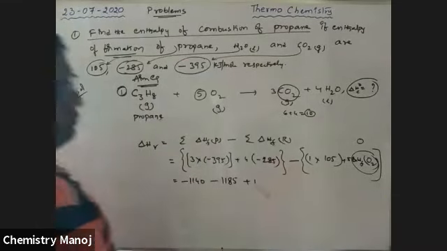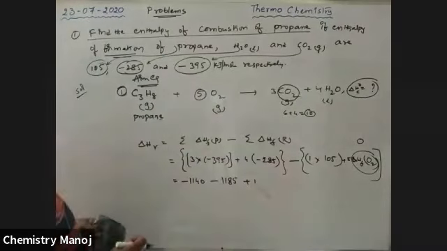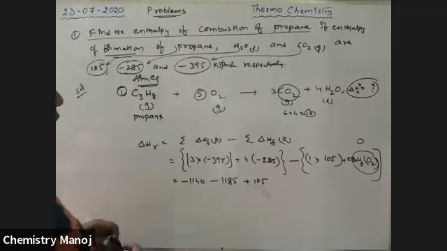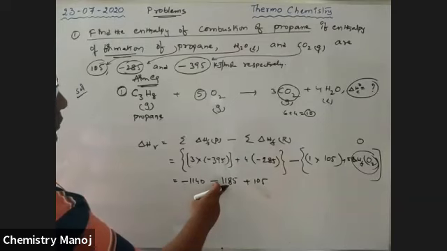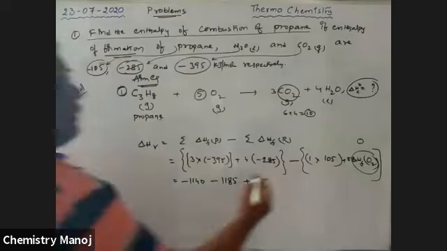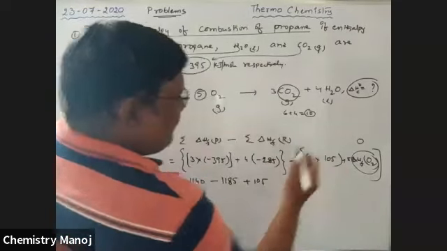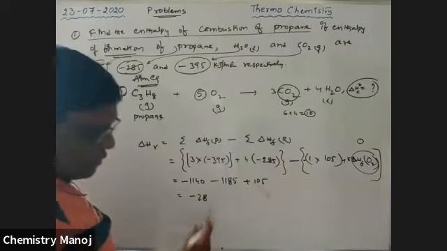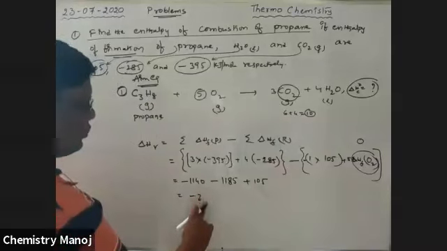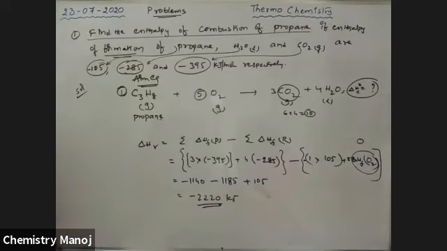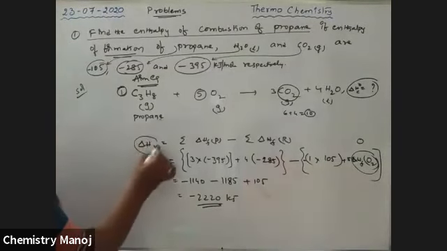It is 105, and it is minus, so minus or minus plus. Finally we get the answer: minus 2220 kilojoule per mole. So delta H of this reaction is minus 2220.